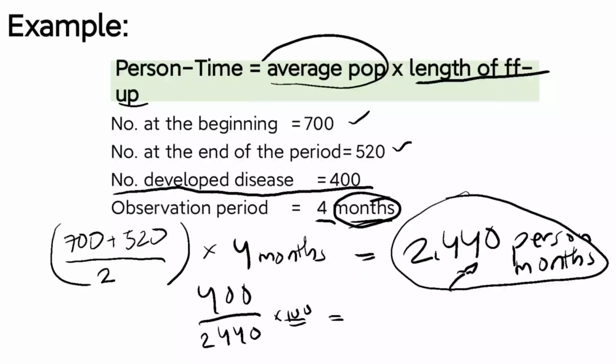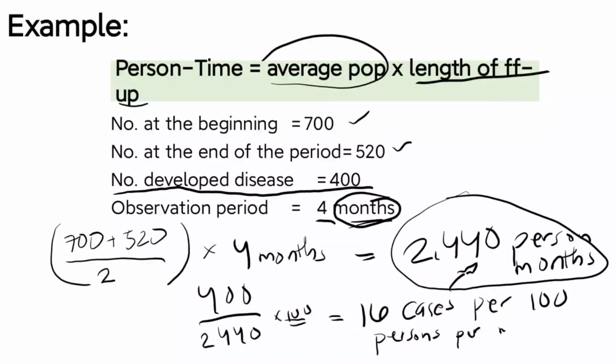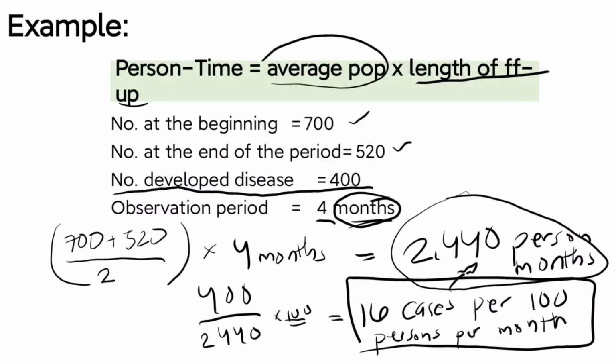So, you have 0.16. Okay? So, meron kang 16 cases per 100 persons per month. Okay, so this will be your final answer. 16 cases per 100 persons per month.